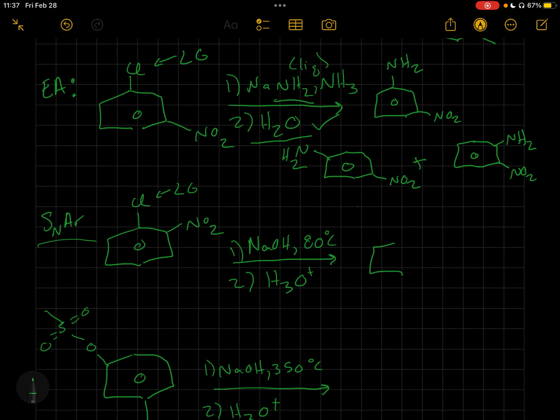So when that's the case, we know we don't really, because of the mechanism, see multiple products. Instead, we get a one-for-one substitution of our nucleophile, once again hydroxide in this case, for your leaving group. And so we end up making phenol with a nitro group. So p-nitrophenol would be one way to name this, or 2-nitrophenol.